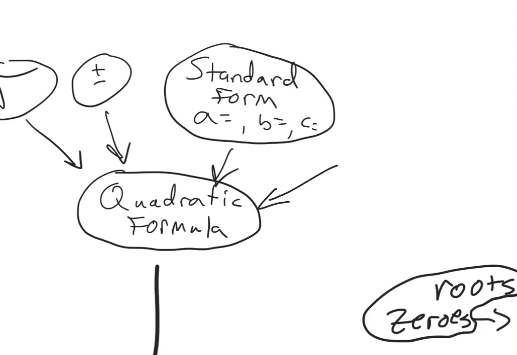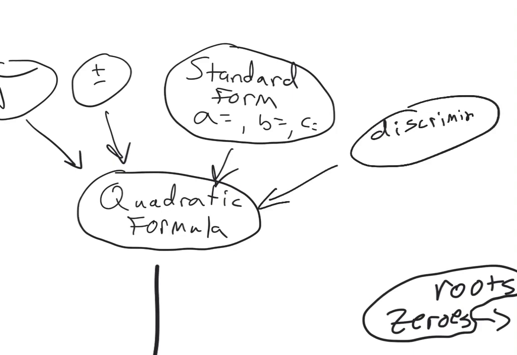There's this thing called the discriminant, which is b squared minus 4ac. And you're going to need to know both how to identify that and what it means.